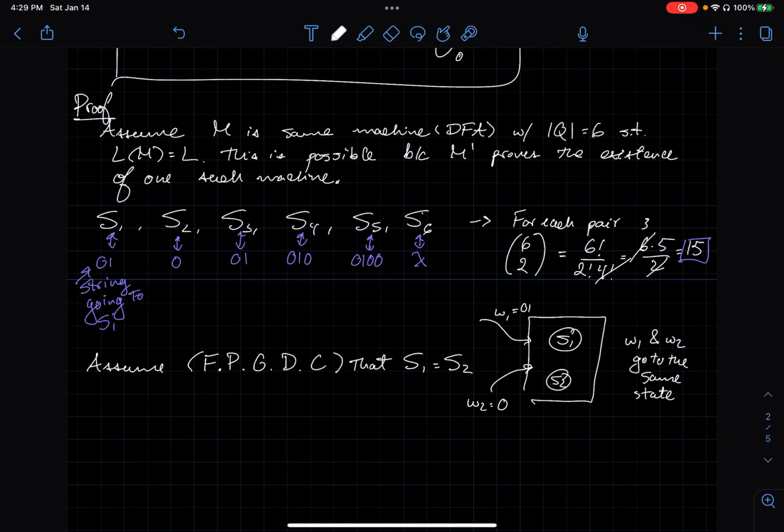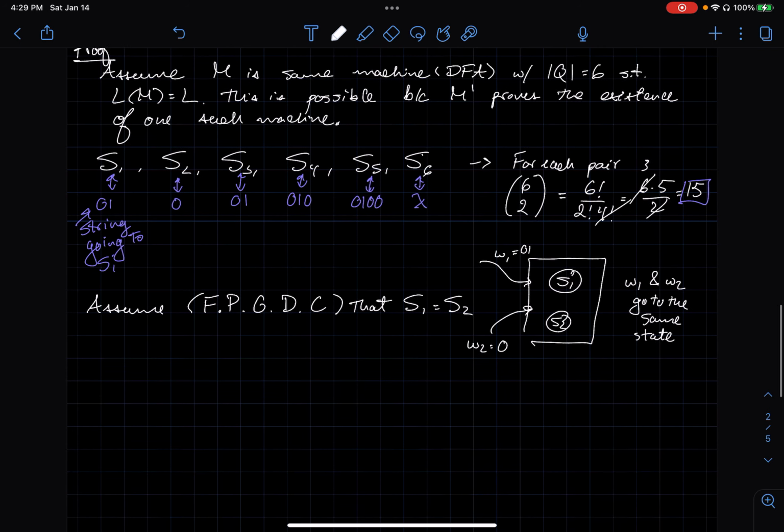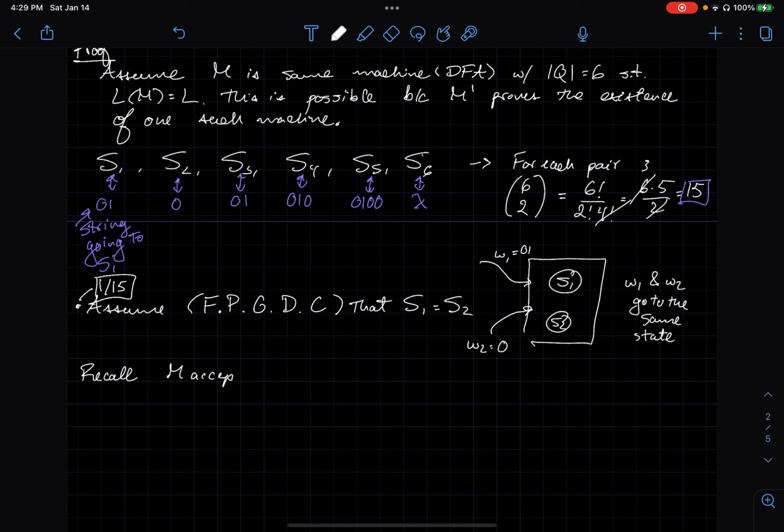Well, remember what the actual machine M is supposed to accept. So let's say this is 1 of 15 here. Recall M accepts strings that start with 0, 1 and end with 1, 0.